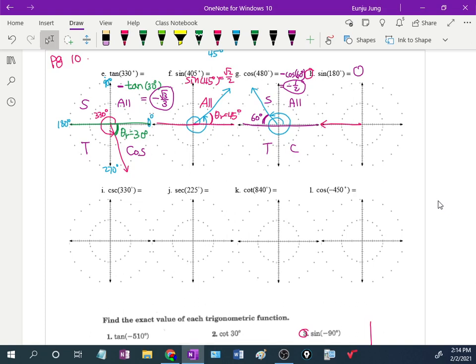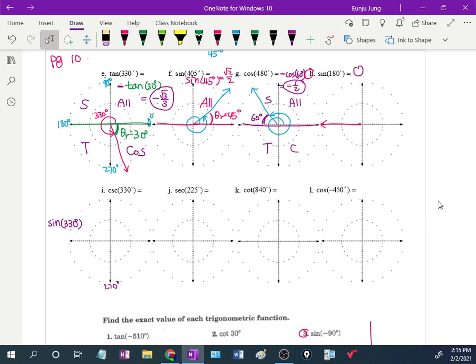All right, next one, cosecant 330 degrees. Oh, cosecant. So before you answer cosecant, you must know what is the reciprocal of that. What is the reciprocal of cosecant? Letter C, letter S, right? So I need to know what is sine 330 degrees first, and then I will flip this number to get the final answer. Does it make sense? So let's construct 330 degrees.